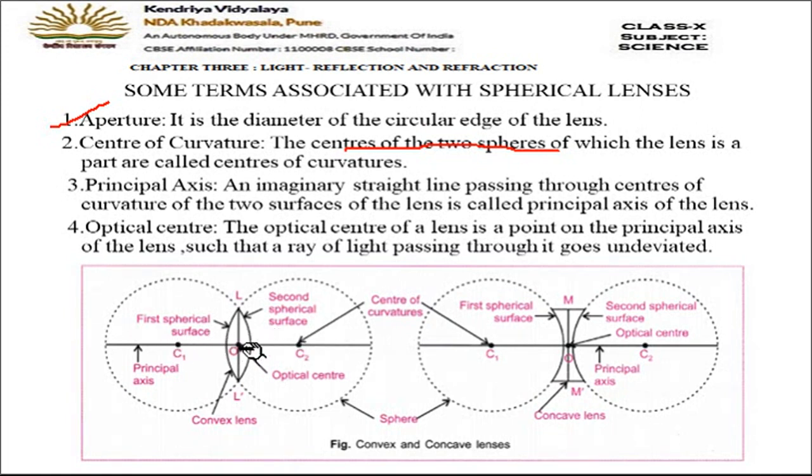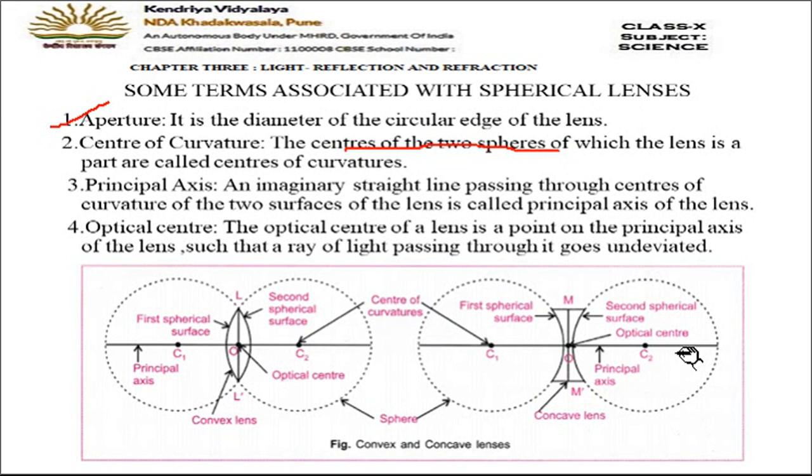So a lens has two centers of curvature, one on either side of the surface. In a concave lens also you can see two centers of the spheres, one on one side and the other on the other side of the surface.